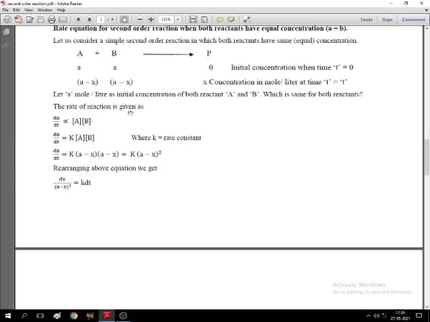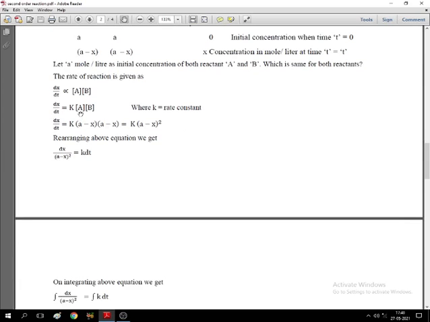It can be given as dx by dt proportional to molar concentration of A into molar concentration of B. Convert this proportionality sign into equal to sign. Therefore, dx by dt is equal to K into molar concentration of A into molar concentration of B, where K is the proportionality constant, which is known as the rate constant for the second order reaction.